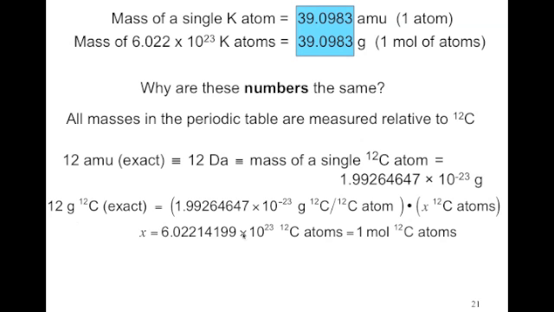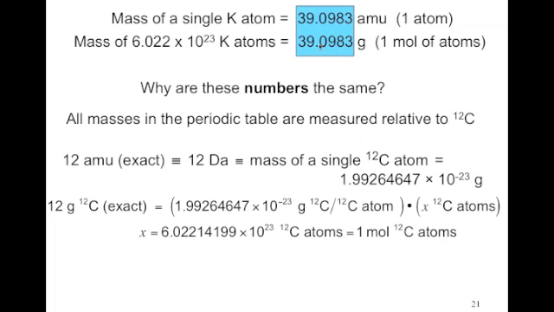That's where this number comes from. If we count out the same number of atoms, not just for carbon-12 but for potassium, we're guaranteed to get 39.0983 grams for 1 mole of potassium atoms. So all these numbers are going to be the same.